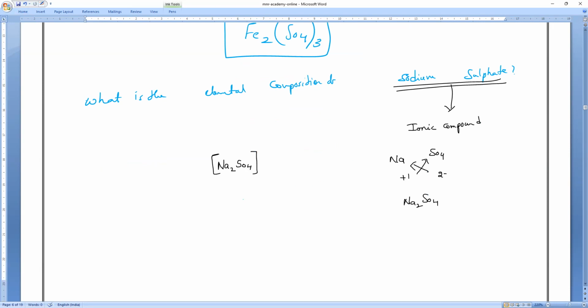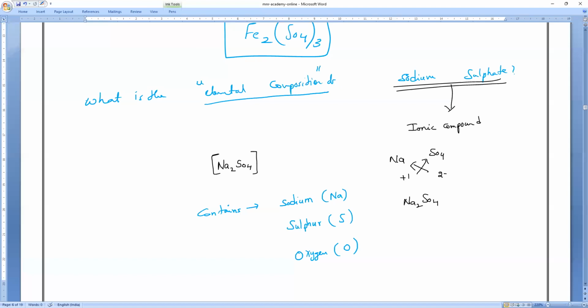So Na2SO4, what are the elements contained? Tell me everybody. Sodium, and sulfate. Oh, elements: sulfur and oxygen. What do you mean by elemental composition? That is the reason I want to explain this question.